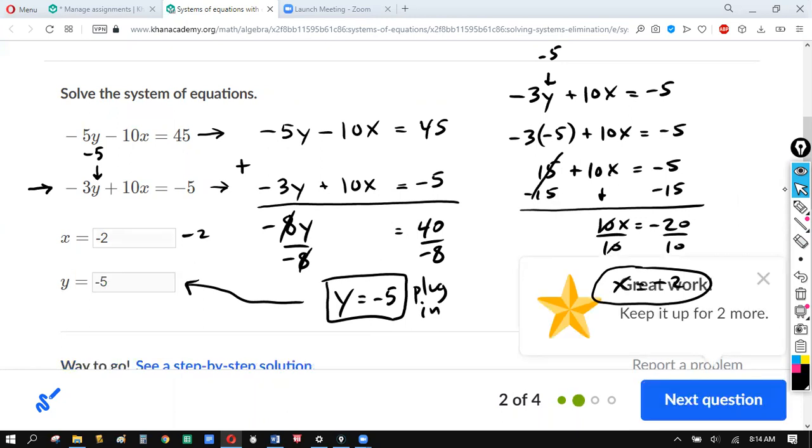Okay, and if you really want to check your work before your answer, you can take your x and y and plug it into the other equation. See if it satisfies the equation. You should get negative 5 equals negative 5 if you did it correctly.